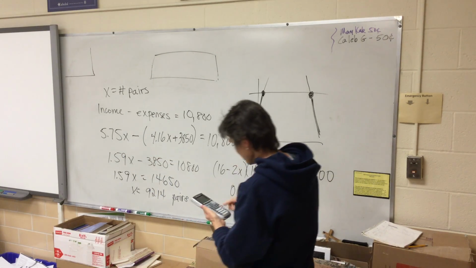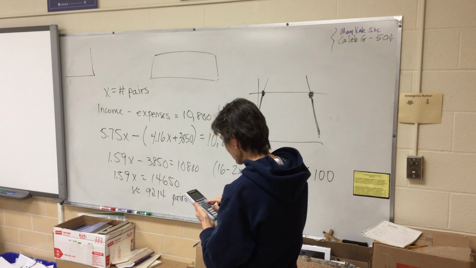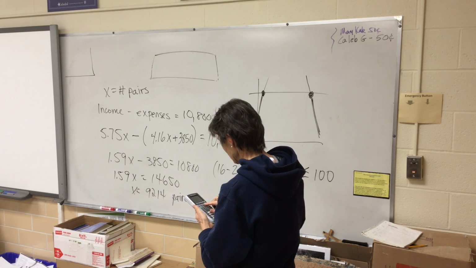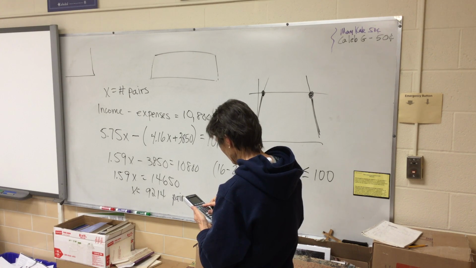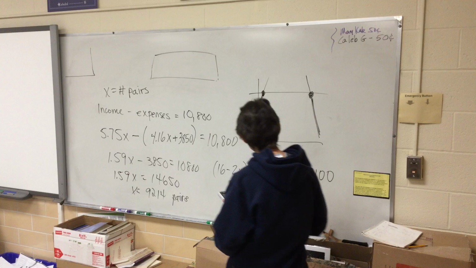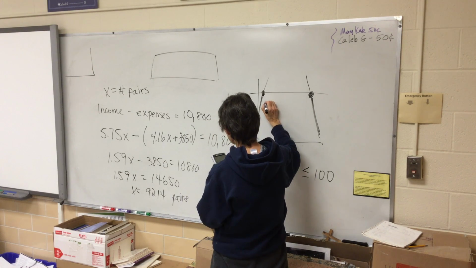So having set it up this way, I'll do second calc intersect. And I got one of my answers to be 0.718.